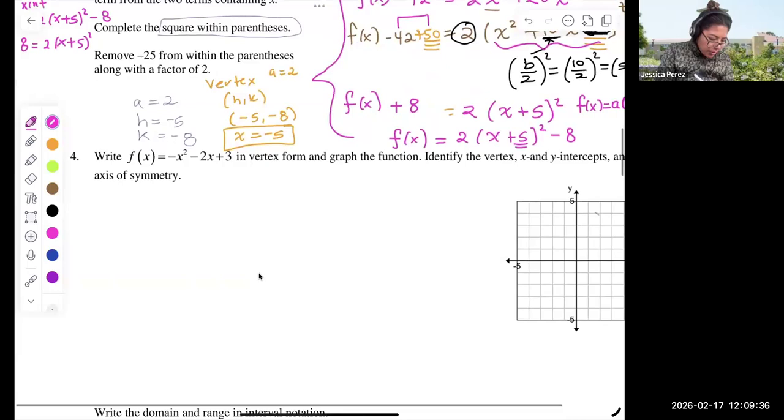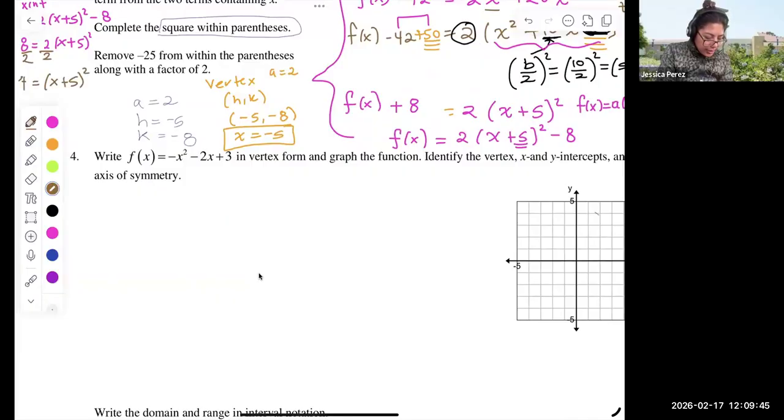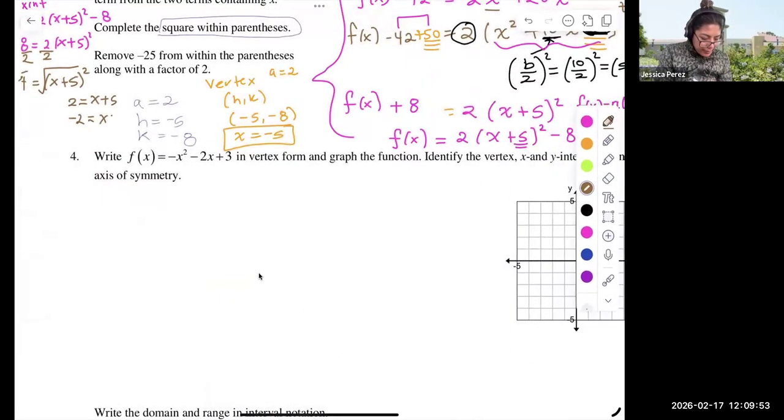We divide both sides by 2 and get 4 equals x plus 5 squared. Now we take the square root and get two values: 2 equals x plus 5, and negative 2 equals x plus 5. Subtracting 5 from both sides, we get x equals negative 3, and x equals negative 7.